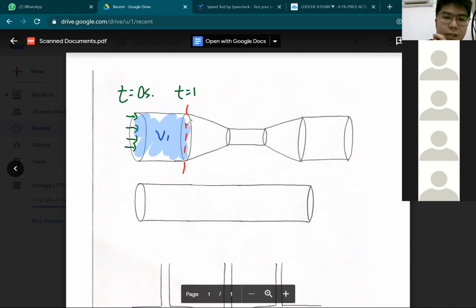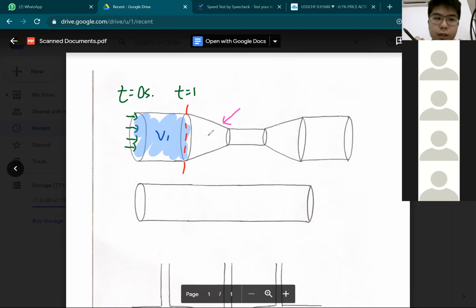Now, since the next section here is constricting, it is reducing in volume. Of course, it's obvious that this chamber has less volume than the previous chamber, it is smaller, right? So all the water is not going to fit in this smaller chamber. Since they want to maintain the same volume flow rate, and one important point is that water cannot be compressed.